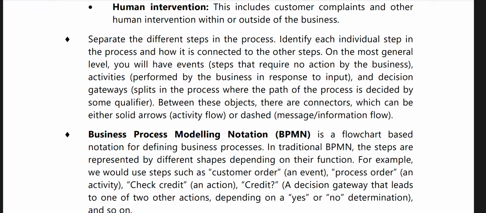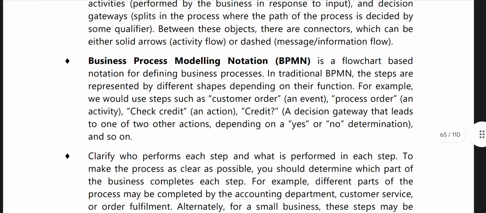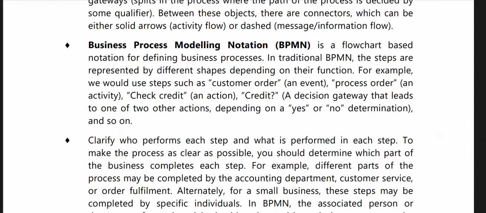These are the actions and decision gateways, splits in the process where the path of the process is decided by some qualifier. Between these objects there are connectors, which can be solid arrows for active flows and dashed lines for message information flows.